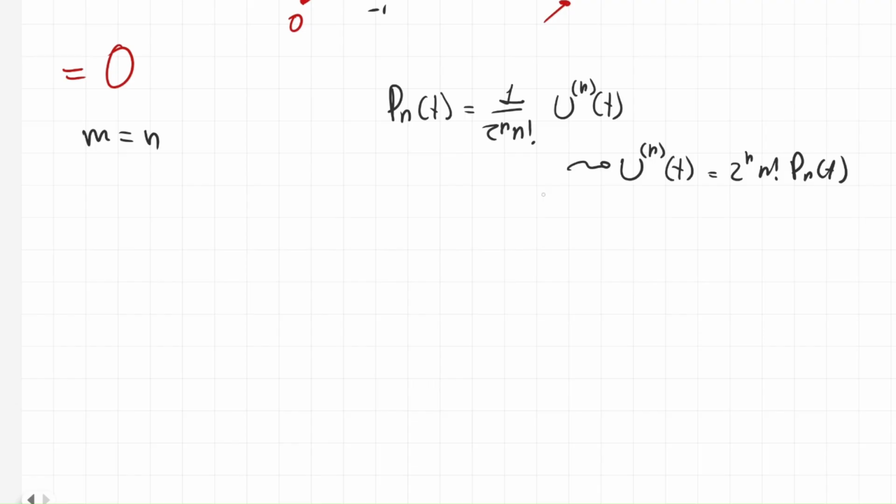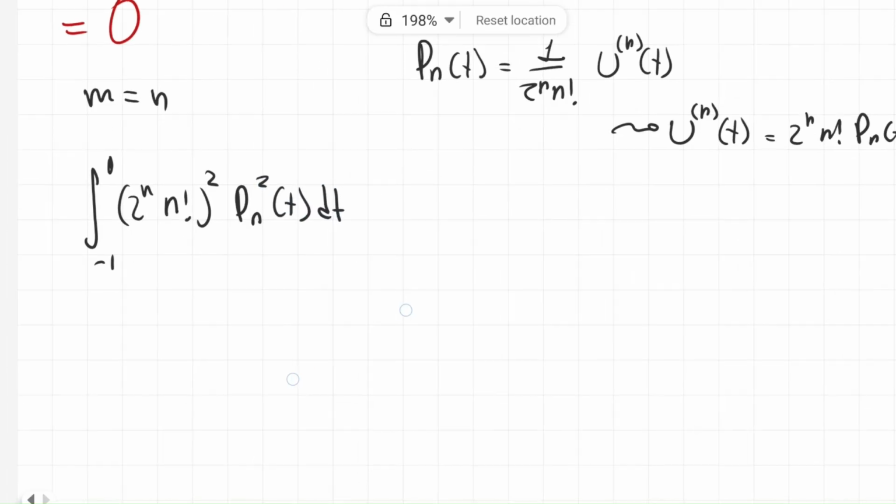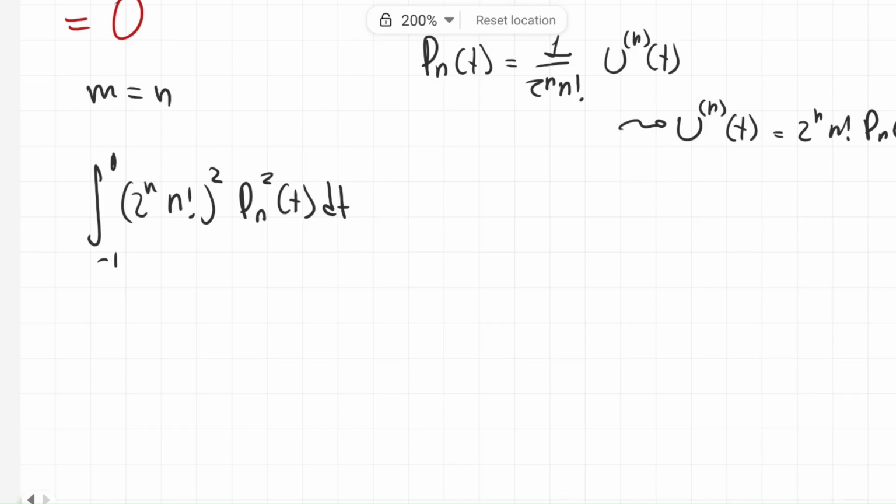And we are going to take the inner product of two functions u. Okay, so this will be the integral from minus 1 to 1 of 2 to the n factorial squared p n squared of t dt. Okay, so we need to be able to evaluate this integral to see what we are going to get if we take the inner product between two Legendre polynomials.